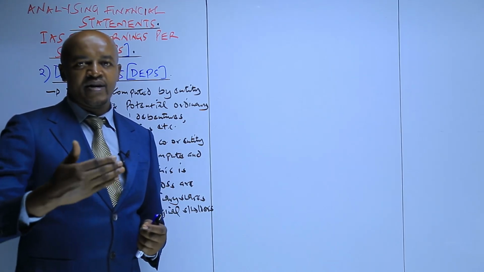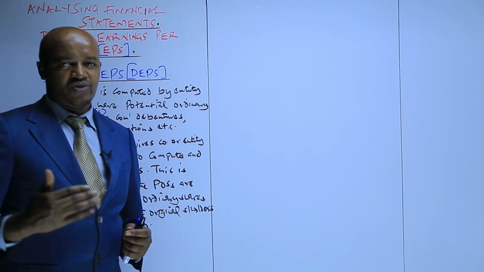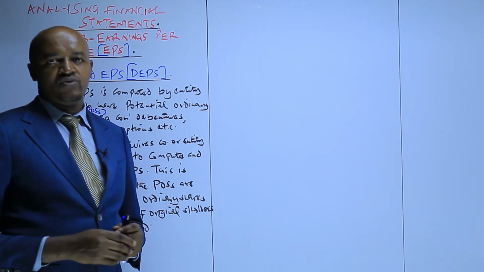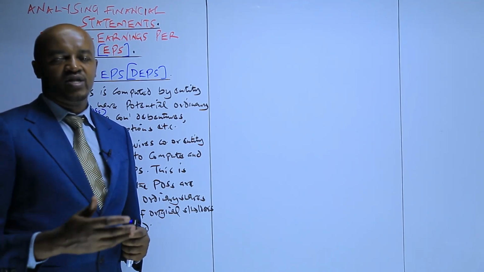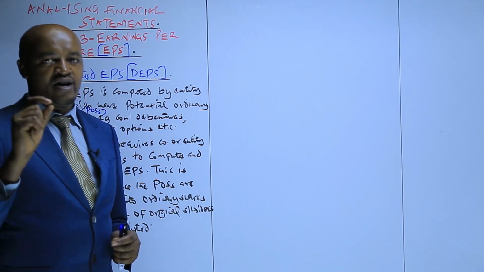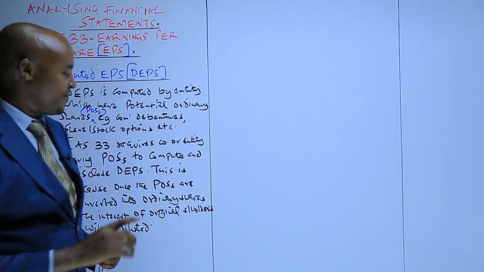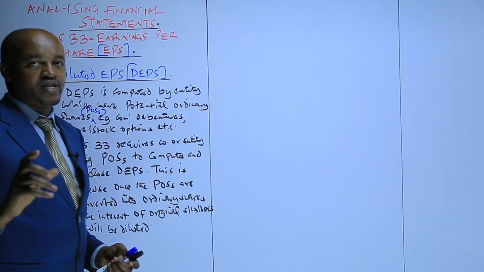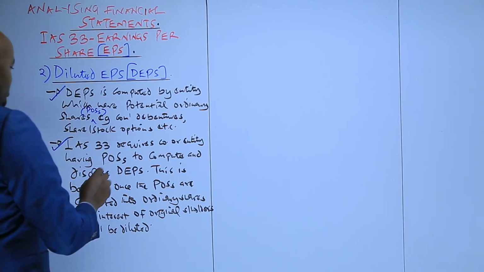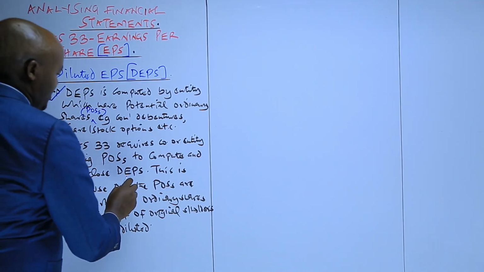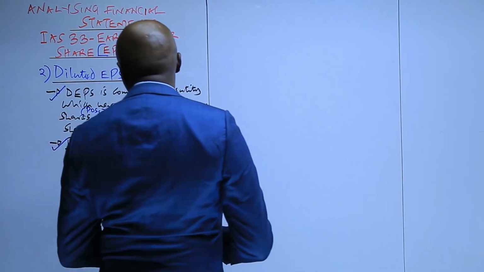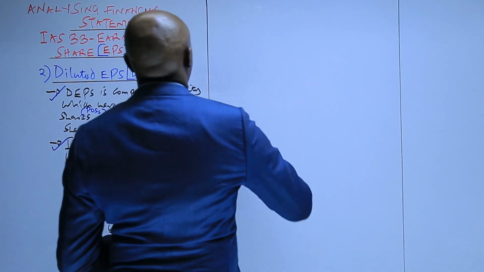If, for example, a company has issued convertible debentures, we know that the holder of these debentures will convert them into ordinary shares. So what will be the implication of that to the earnings per share of the original shareholders? That's why IAS 33 requires these companies which have potential ordinary shares to compute and disclose the diluted earnings per share, together with the basic earnings per share.